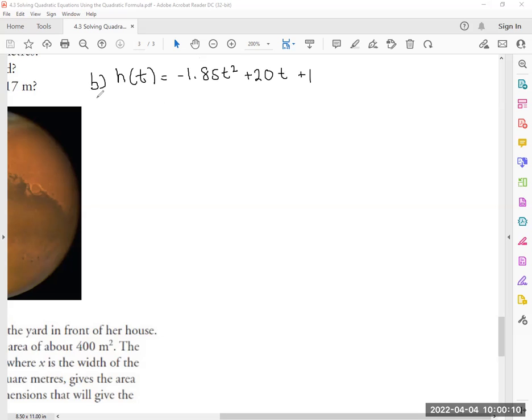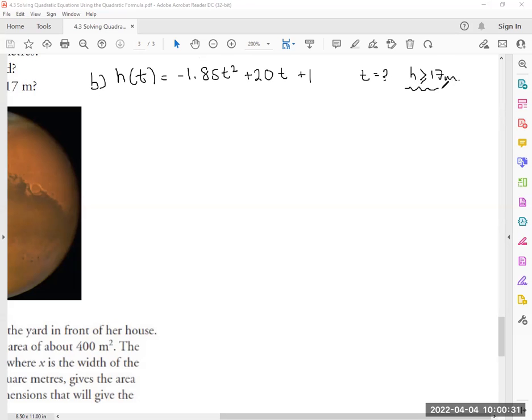It says, how long is it above 17 meters? Okay, so this is interesting. This time they're asking how long, in other words, time, is it going to be at least 17 meters?